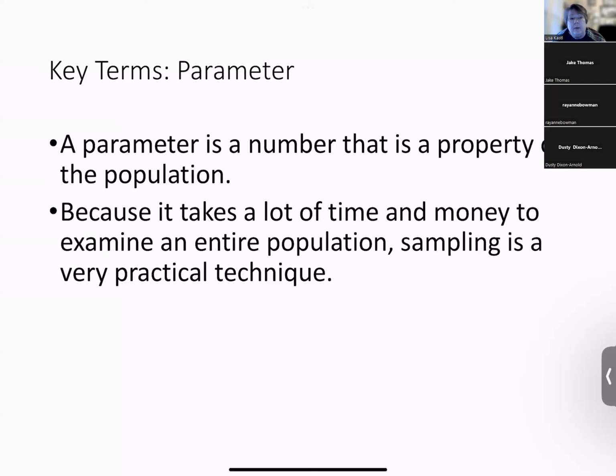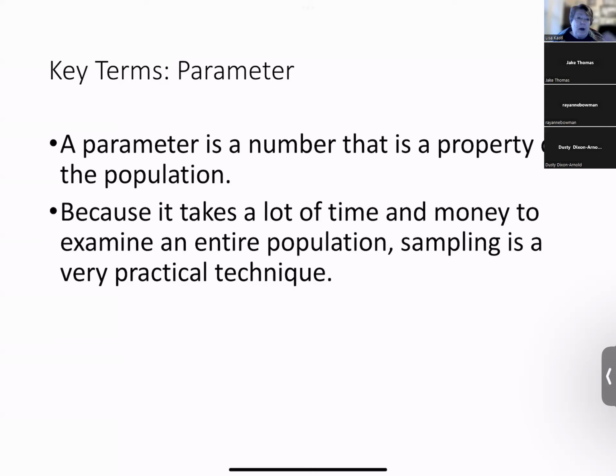Okay, what's a parameter? A parameter is a value that comes from the population. So if we were to look at the entire population of students at Redlands Community College in the spring 2024 semester, and we were to count the number of students that have blue eyes, that frequency of blue eyes would be a parameter, because we're looking at every single solitary student.